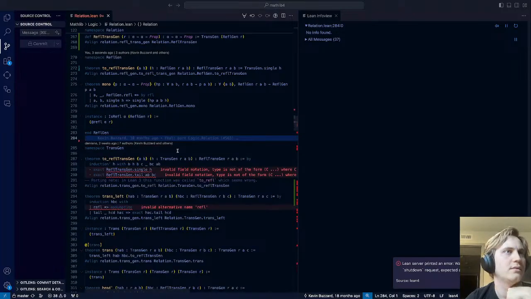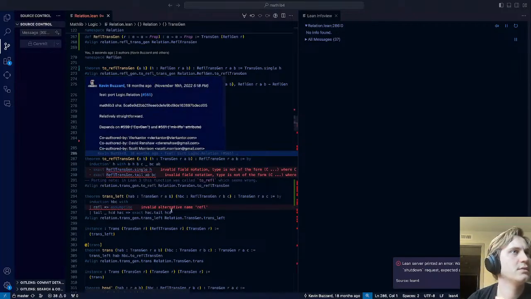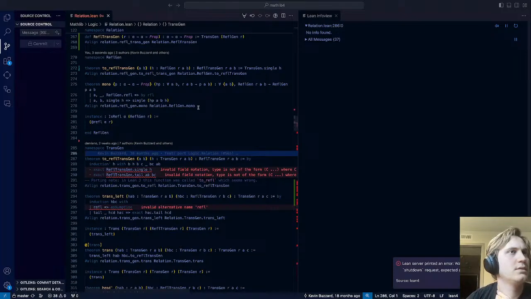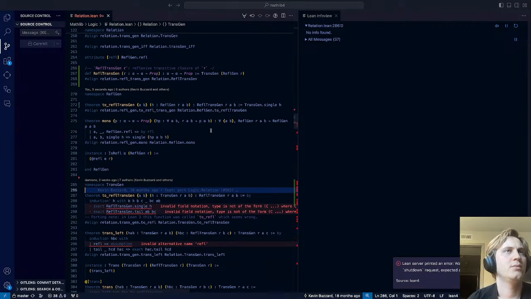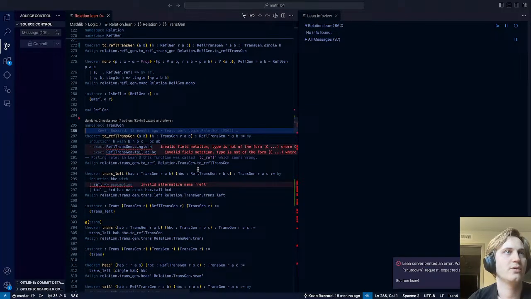Sorry, here, to refltransgen. Previously I proved that reflgen implies refltransgen. Now I am proving transgen implies refltransgen. Cool.